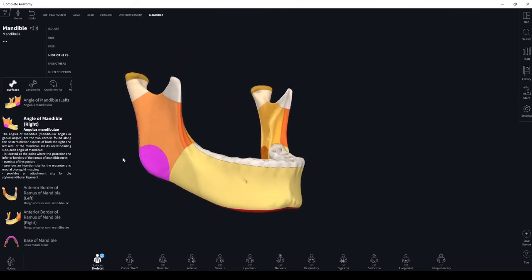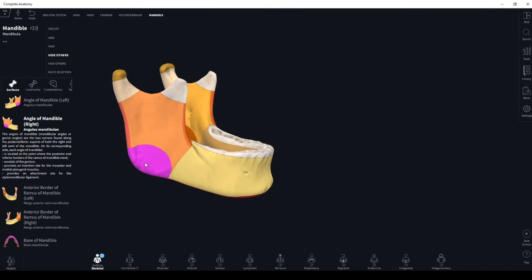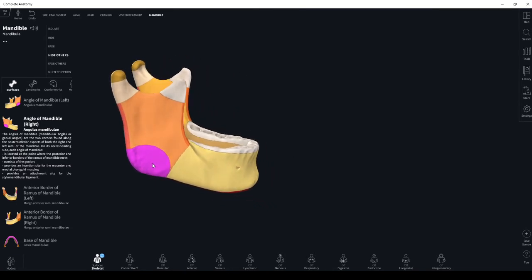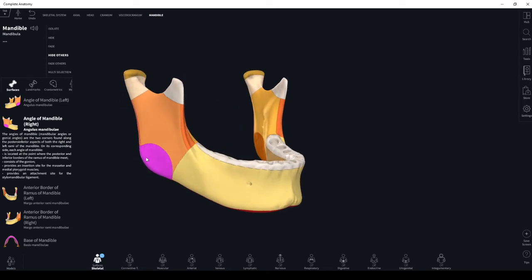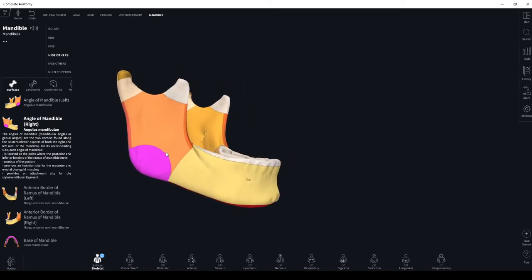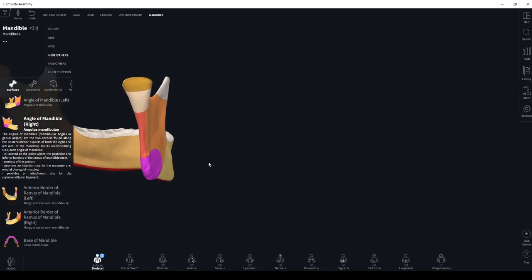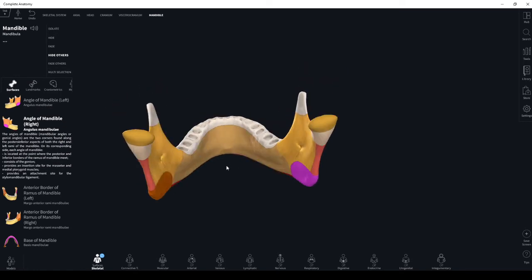On its corresponding side, each angle of the mandible is located at the point where the posterior and inferior borders of the ramus meet. It provides the insertion site for the masseter and some other masticatory muscles, and attachment of the stylomandibular ligament, on both sides, internal and external.